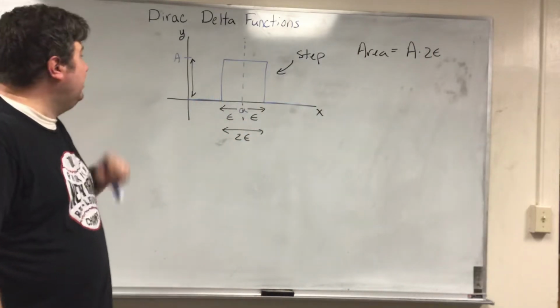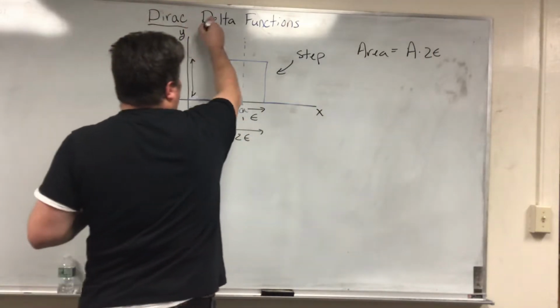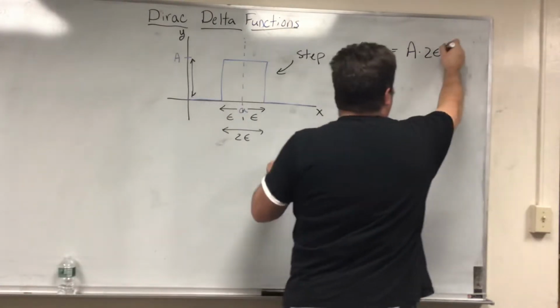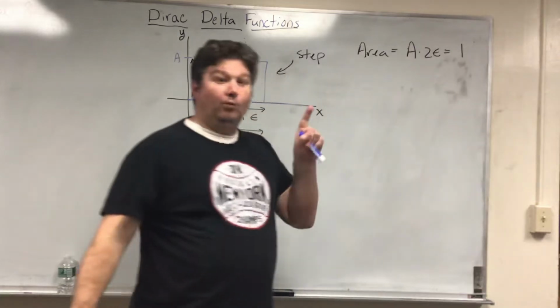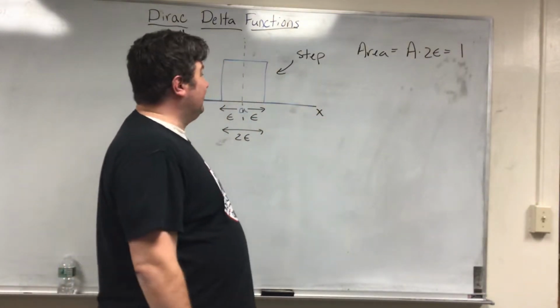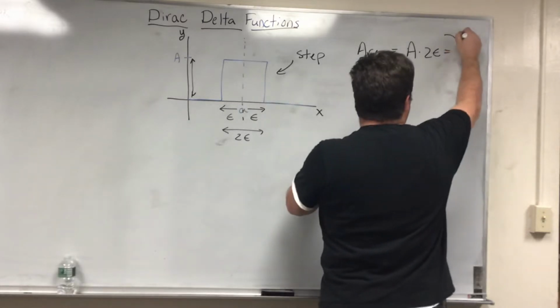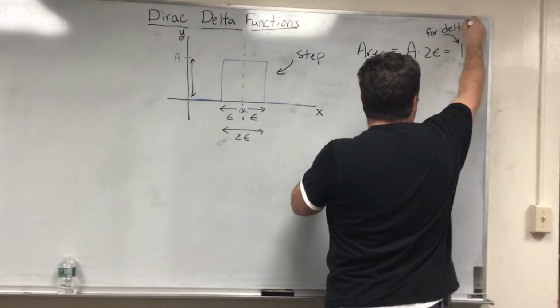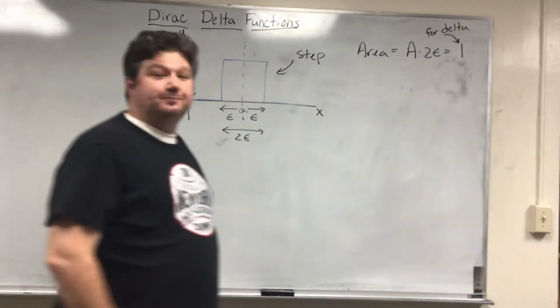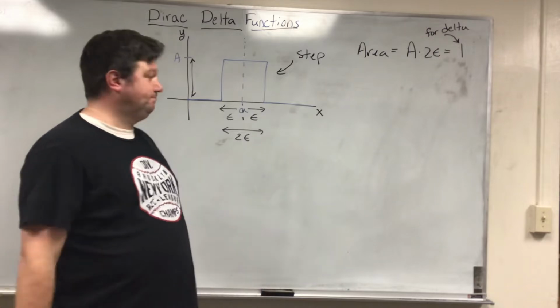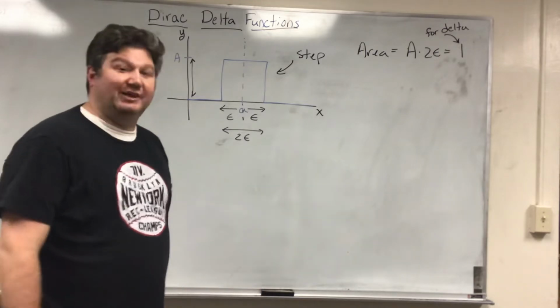Now, if we're really going to be talking about a Dirac delta function, this area is equal to 1. For a delta function, the area is equal to 1. That's a property of the delta function. We can solve for the height.